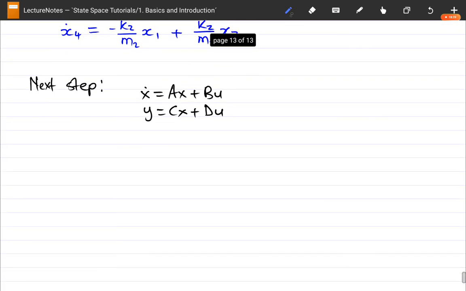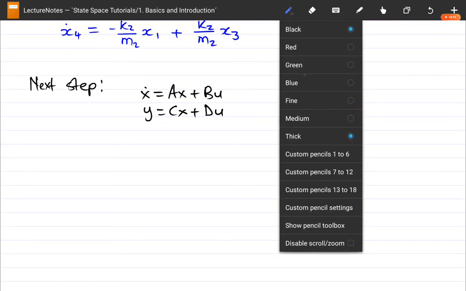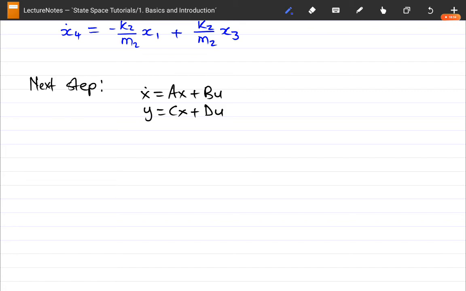Okay, so I think I'm going to write it in blue. Yeah, because I think I'm liking blue now. Let's see. So we have x1 dot, x2 dot, x3 dot, x4 dot.